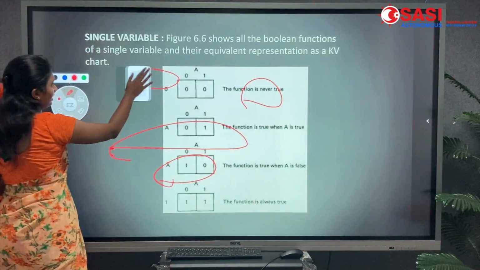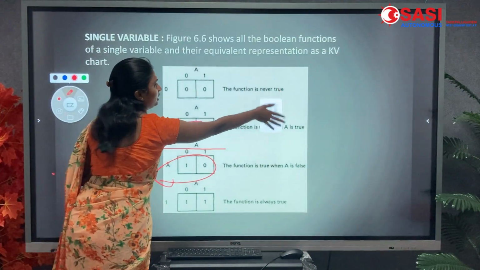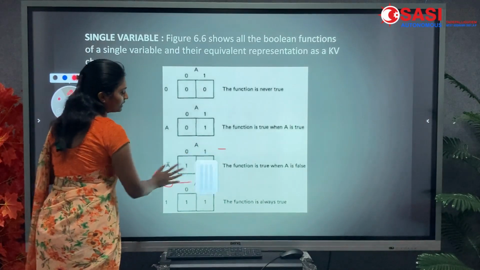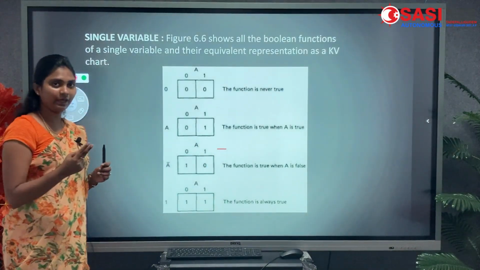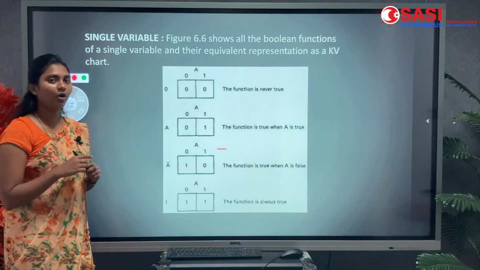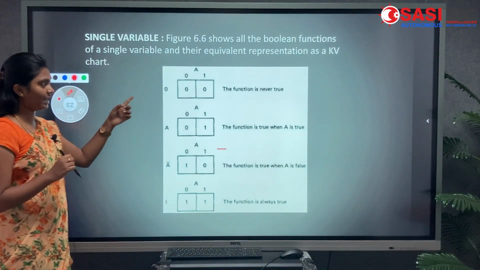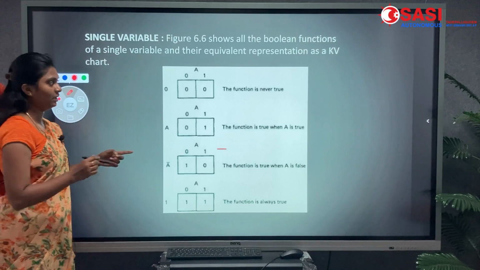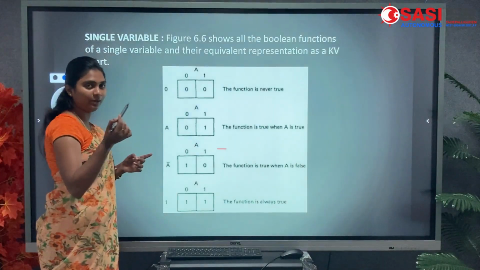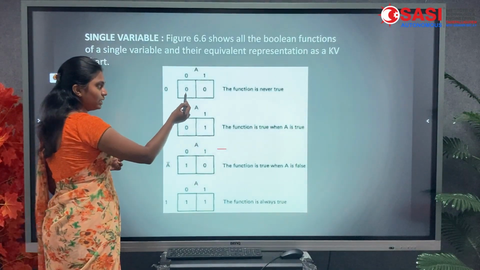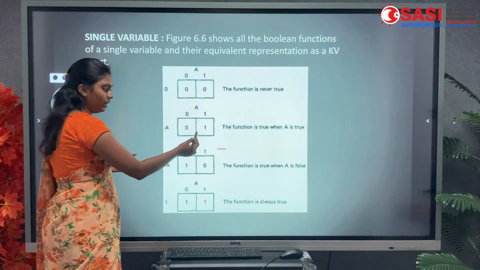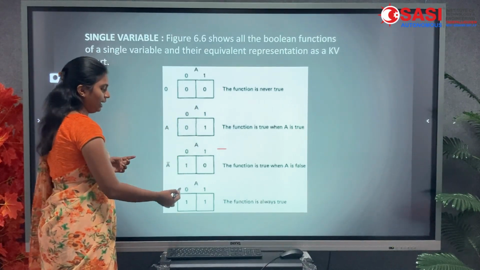Next, in KV charts, we will define the single variable, double variable and 3 variables. First, the single variable. In single variable, as shown in the figure, there is only one element in a single block. The first is 0, 0, next 0, 1, next 1, 0 and 1, 1.